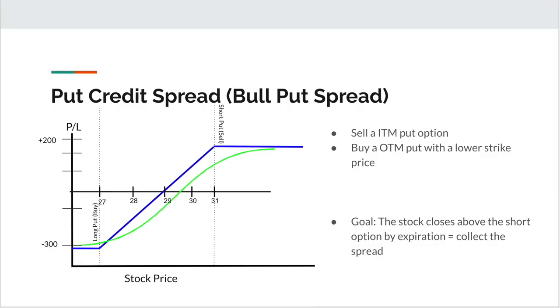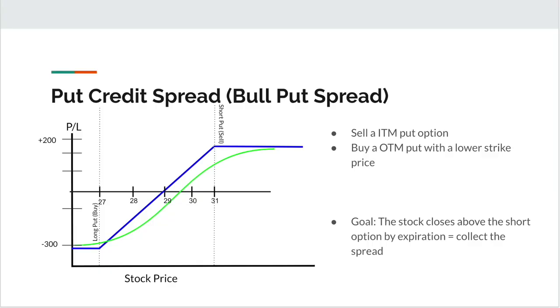So like we said earlier, when you're selling a put option or when you're selling a call option, you're collecting a credit from a buyer on the other side. Therefore, if things don't go according to what the buyer wants to happen, you get to keep that credit. So in this case, when you're selling that in the money put option, your end goal becomes for the stock to close at a price above the in the money put option, because you don't want the buyer to be able to exercise that option.